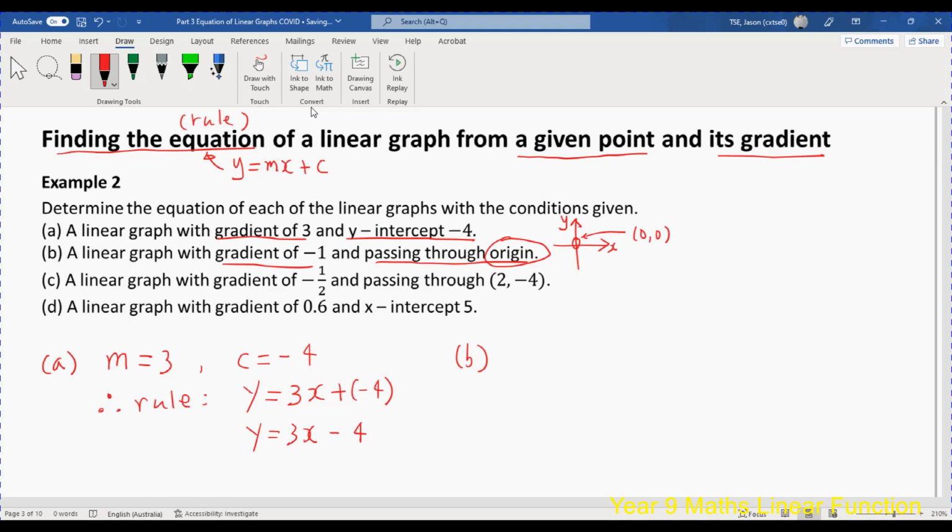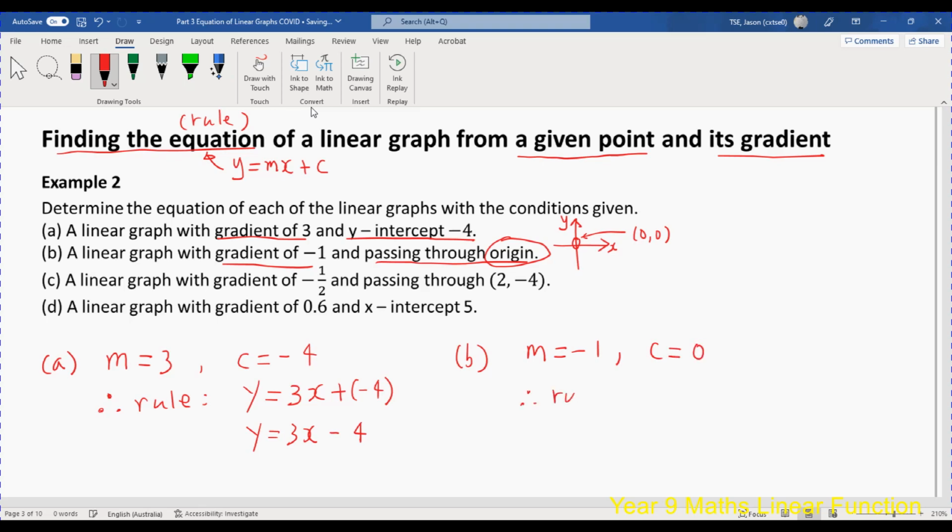If we pass through the origin, what does it mean for the y-intercept? That actually means the y-intercept is just y equals 0, right? So for part B, it's quite obvious that m equals -1, and from the fact that it passes through the origin, we know c would be 0.